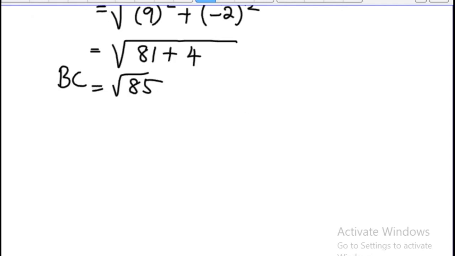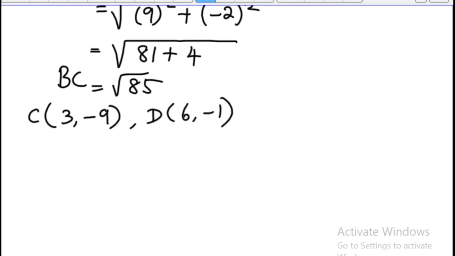Then next we want to find CD. C is the point (3, -9) and D is the point (6, -1). You can take it as x1 y1 and x2 y2.